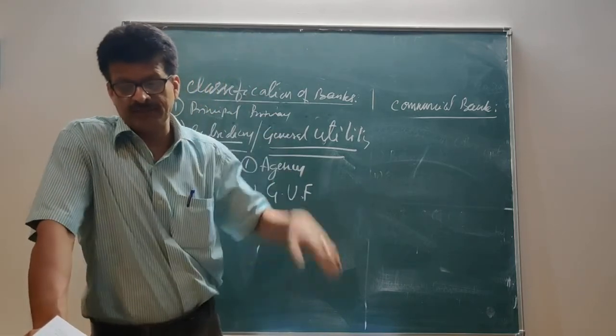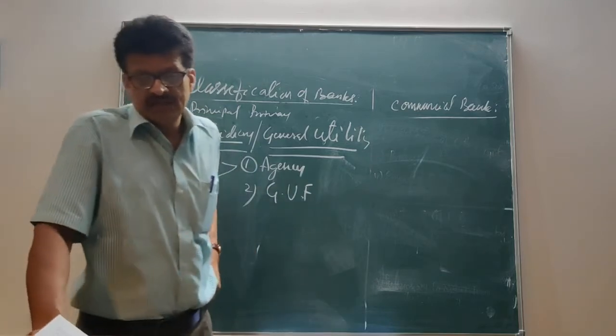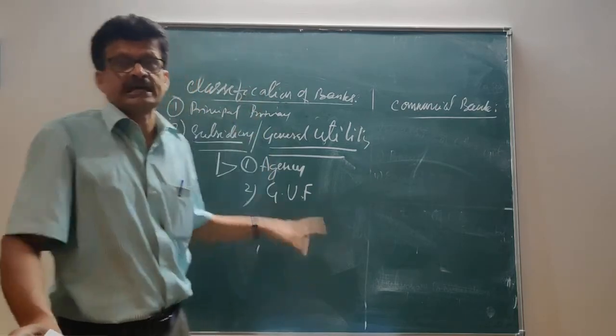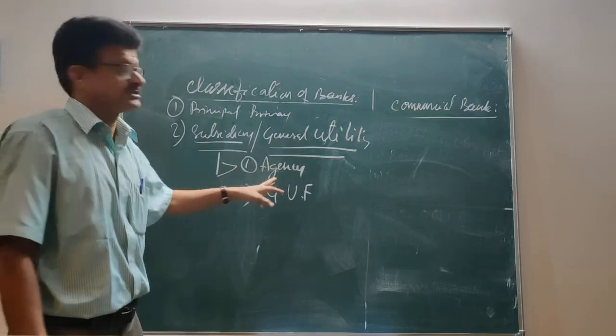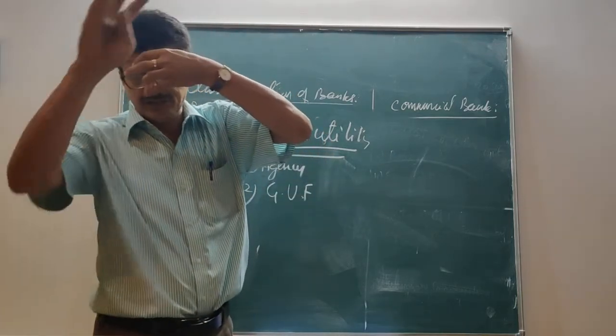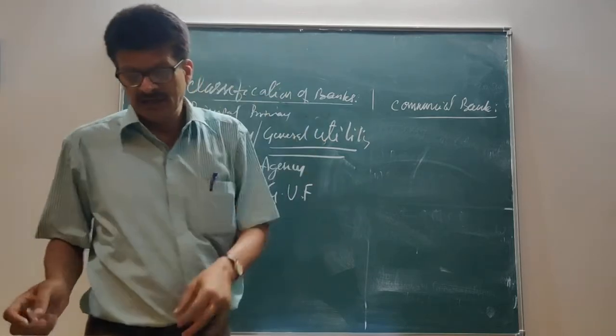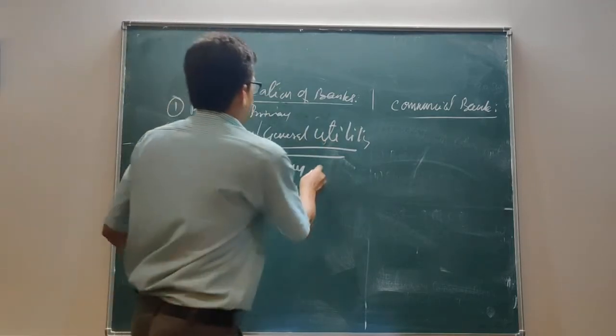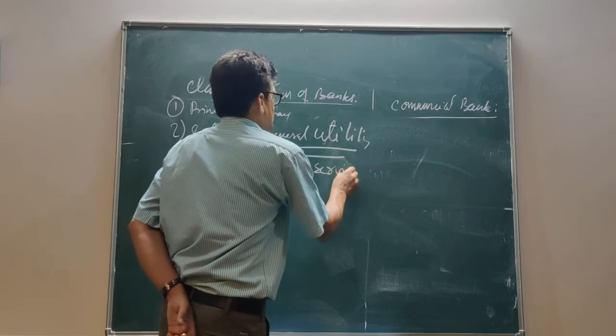Apart from performing the main or principal functions, the commercial bank also performs secondary or subsidiary functions. They can be classified into two categories: agency services and general utility services.